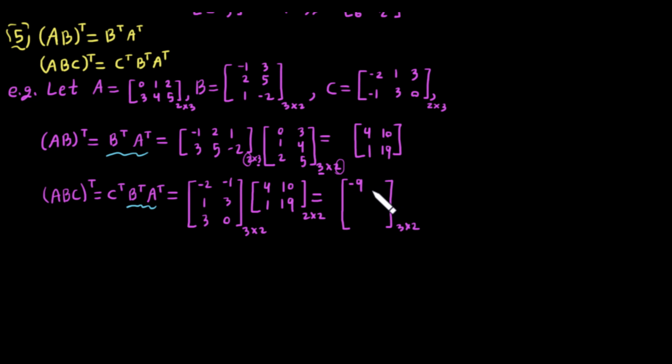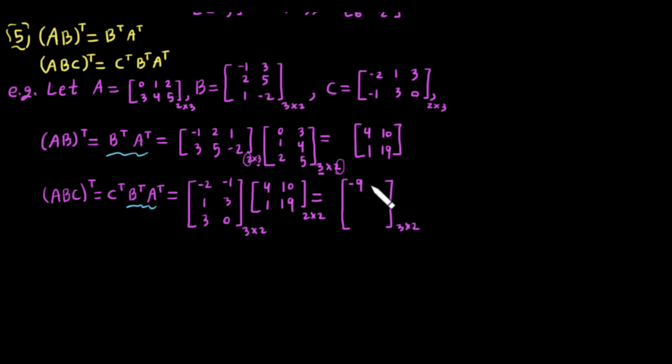To find this element here, I have to multiply this row by this column. -2 multiplied by 10, which is -20, plus -1 multiplied by 19, which is -19. And here, -20 plus -19, which is -39.